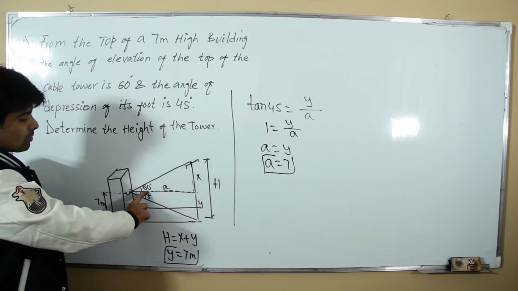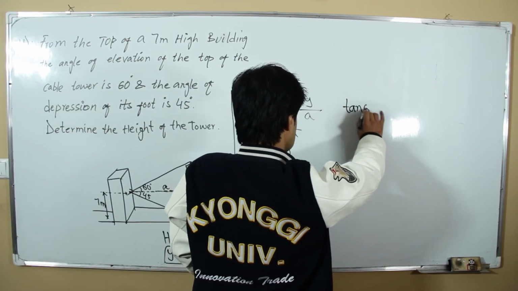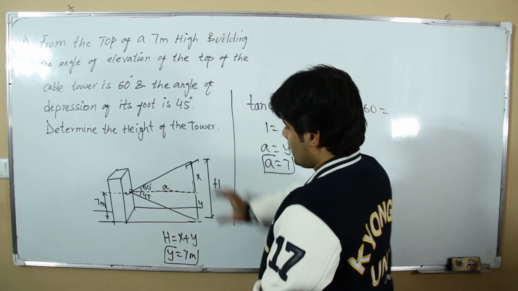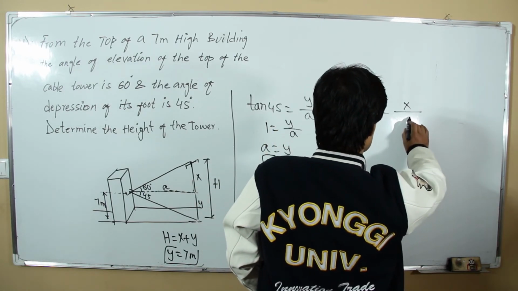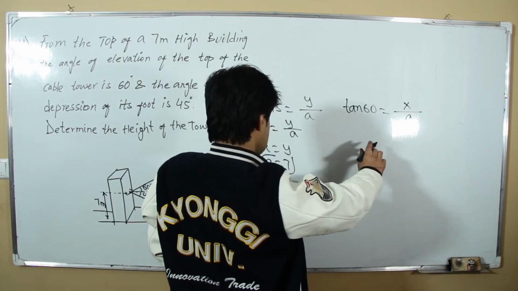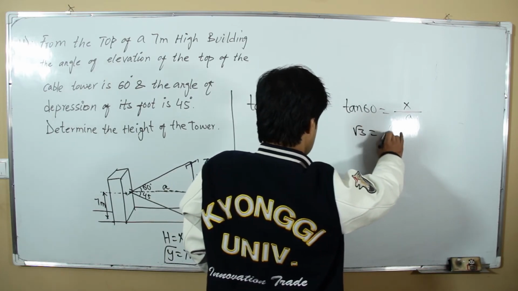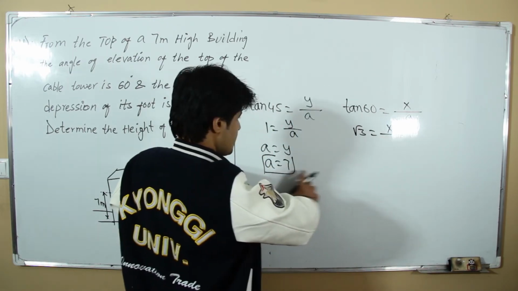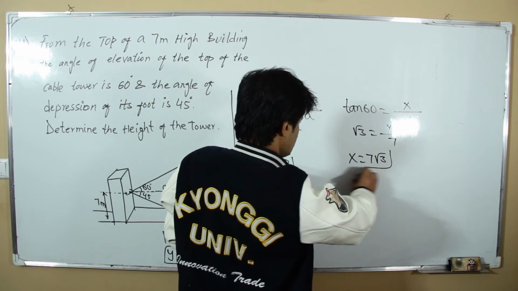Okay, now come to the angle of elevation. Tangent of 60 is equal to x divided by a. Tangent of 60, this one is what? This one is root 3. X we don't know, and a is 7. So x is 7 root 3.